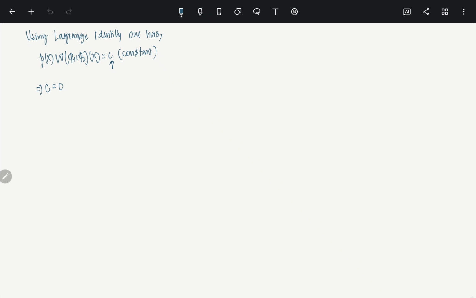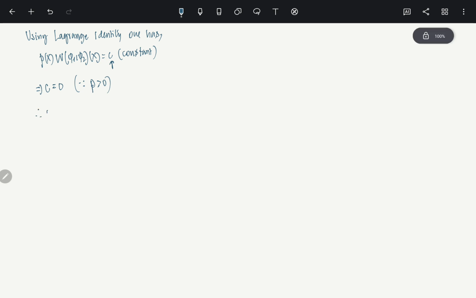So basically, if that is the case, then the Wronskian of phi1, phi2 at any point x is going to be essentially 0. So in that case, C has to be equal to 0 because P is assumed to be positive. You remember, we have always assumed P is greater than 0. So C has to be 0. Now if C is 0, what does it imply?